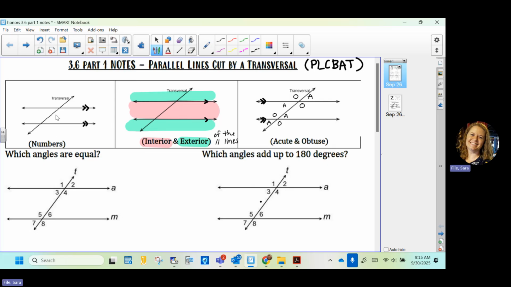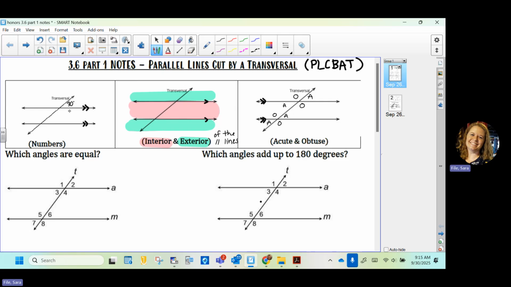A lot of times when you have this, the angles are going to be numbered like in all of these images down here, or they're going to have numbers like an angle measure, okay? And if they have a number for an angle measure, all you need is one and you can get all the rest. So let's pretend we are told that this angle in the top right is 30 degrees.